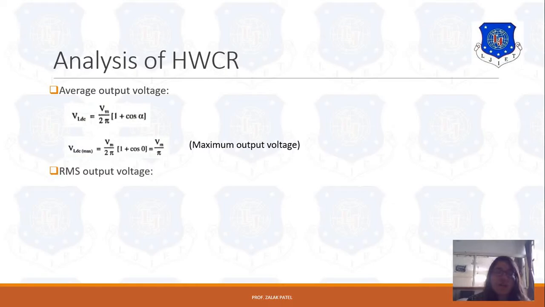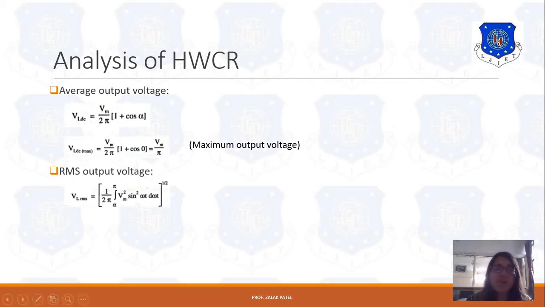Now, if you want to calculate the RMS output voltage, meaning the root mean square value of the output voltage, this was already calculated in the previous lecture. It is 1 upon 2 pi integrated from alpha to pi. We take the limits alpha to pi because our waveform appears between the interval alpha to pi. Here V is equal to Vm sin omega t.